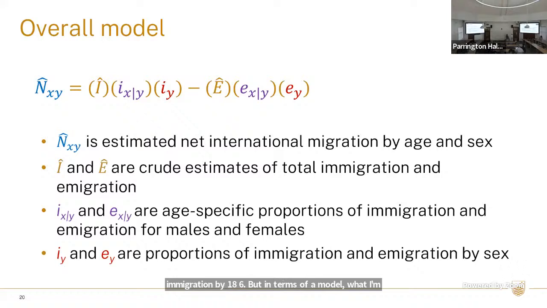I'm first going to model the overall level of immigration. I'm then going to model the age sex profile of migration, and then I'm going to model the proportion by sex. When I multiply those 3 things together, I get my overall age sex profile of immigration, and same thing for emigration.